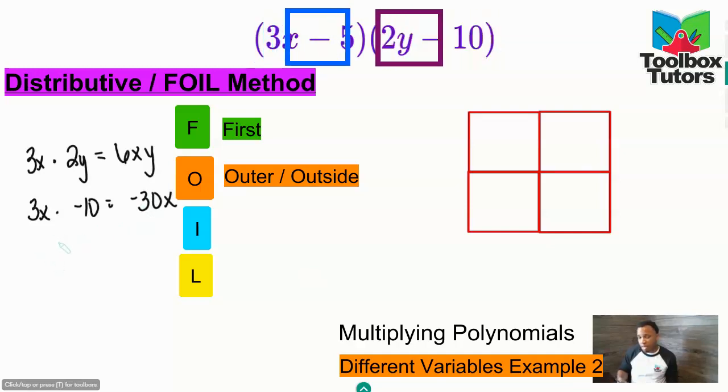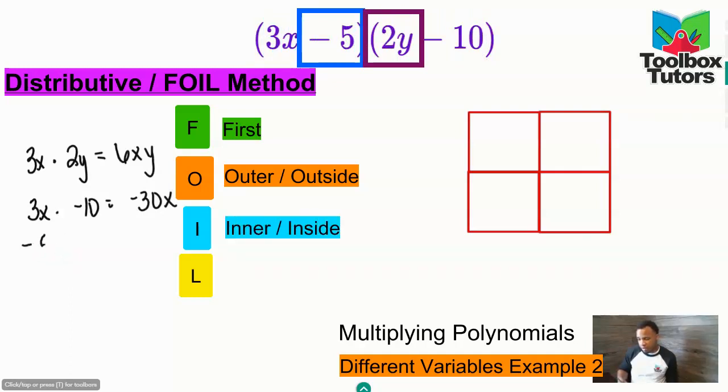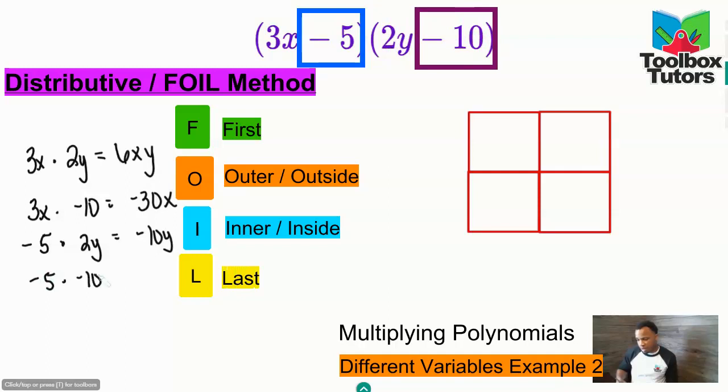Now we'll multiply the second term from the first parentheses times everything in the second parentheses. So we have negative 5 times 2y. That gives us negative 10y. And then negative 5 times negative 10 gives us a positive 50.